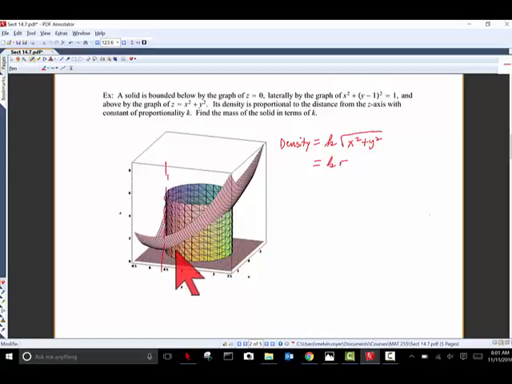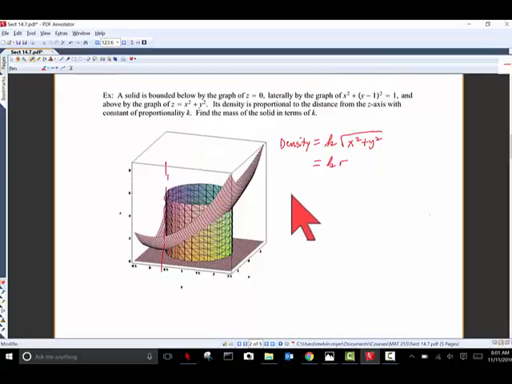Now if we look at the geometry itself, I also see a cylinder there. It's true that it's offset from the z-axis, which will mess things up a little bit, but I still see cylinders happening, and here's an x squared plus y squared that seems related to cylindrical coordinates as well.